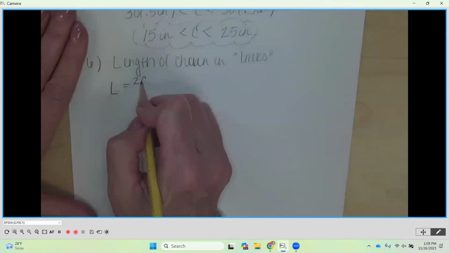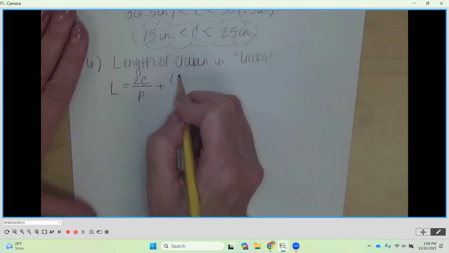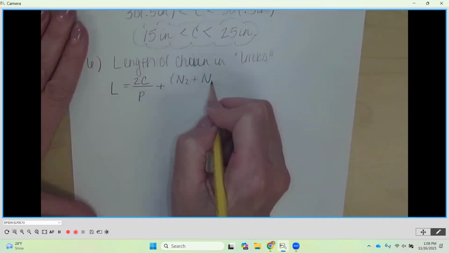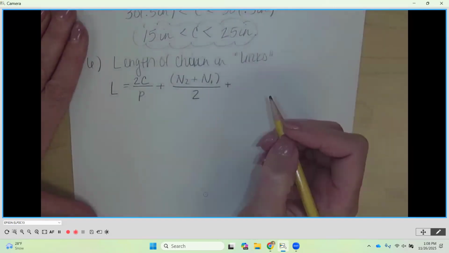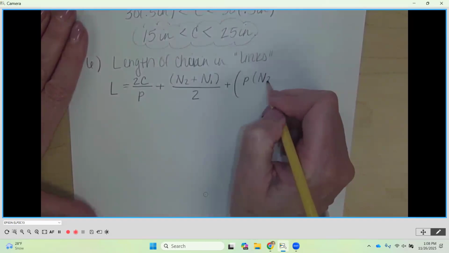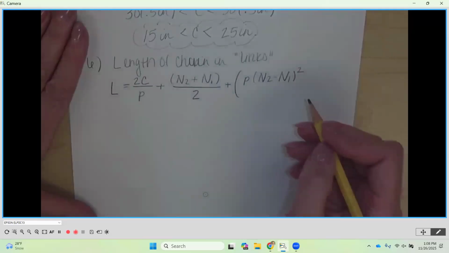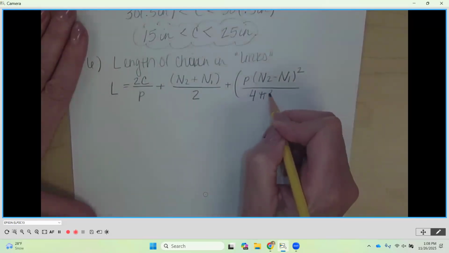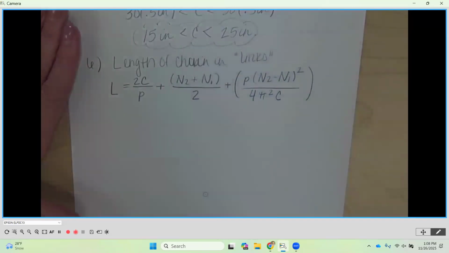So it's going to be 2 times C, which is center distance, divided by P, lowercase p, which is our pitch, plus N2 plus N1, which is the number of teeth on each of our sprockets, divided by 2, plus the pitch times, this time it's N2 minus N1, and you have to square that quantity, divided by 4 times pi squared times the center distance, okay? And I'm going to say the approximate center distance, okay?